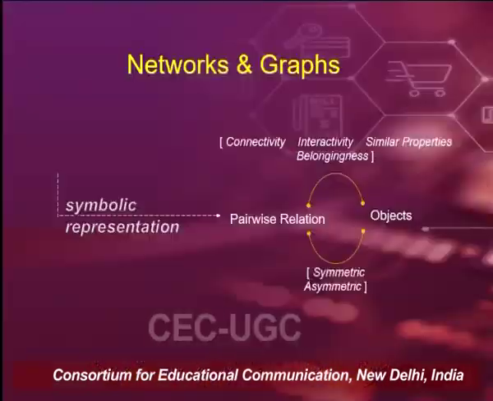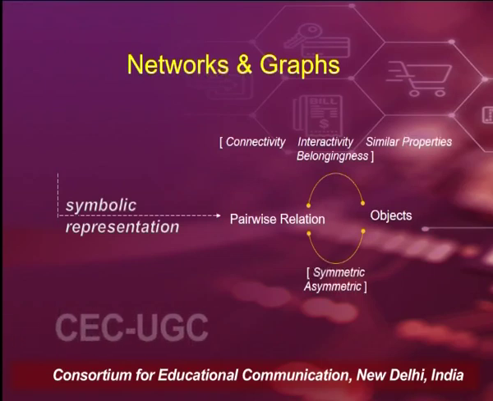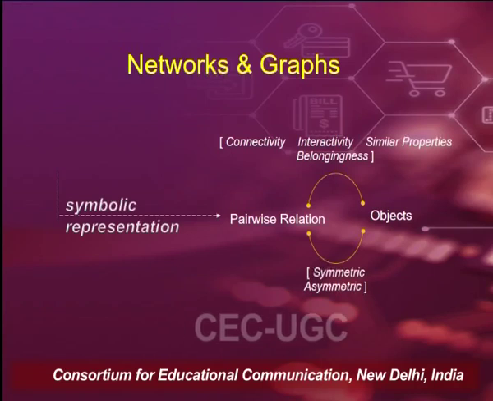Now to understand further, we need to know what networks are before we know what network science is. A network is basically the symbolic representation of the pairwise relations of real world objects. Now what is symbolic representation?